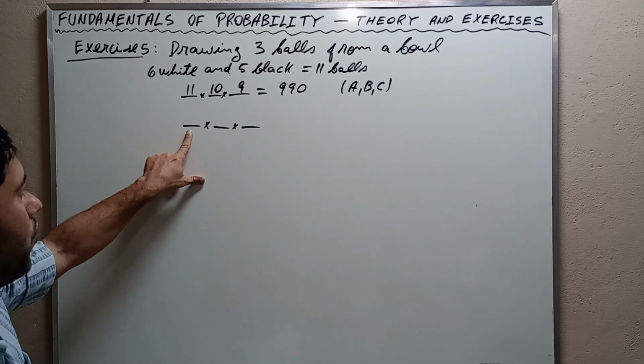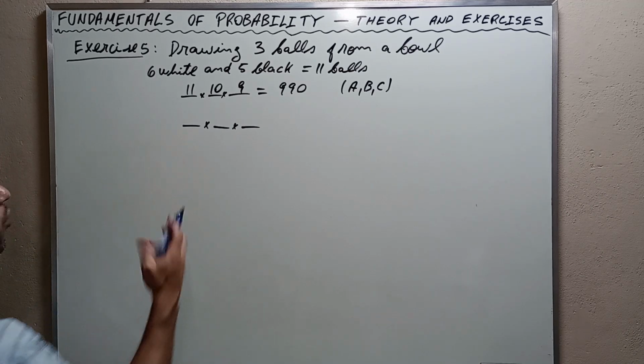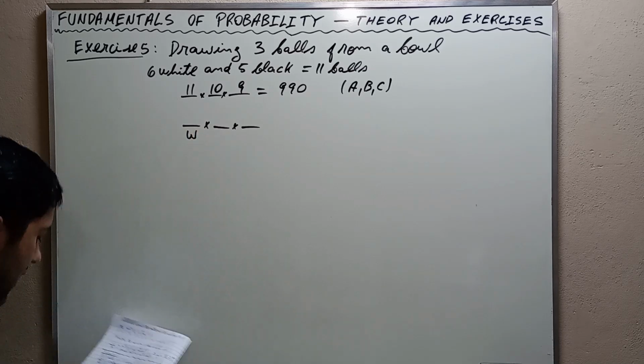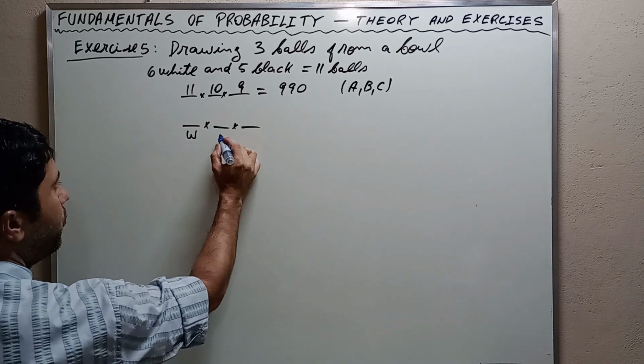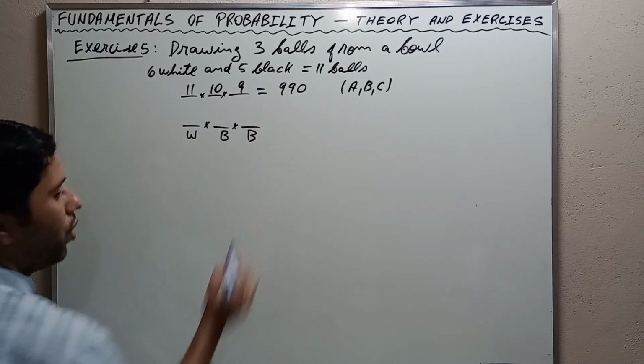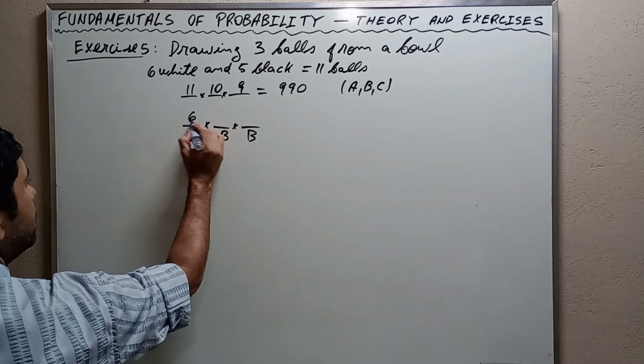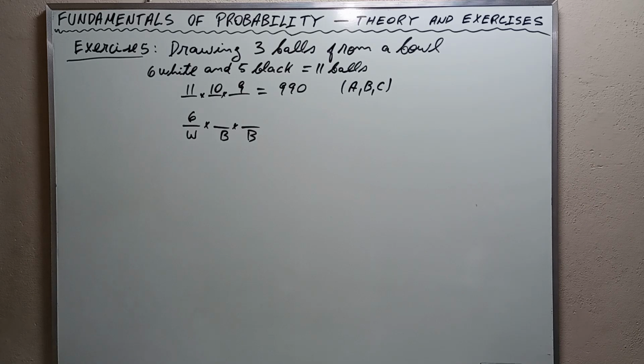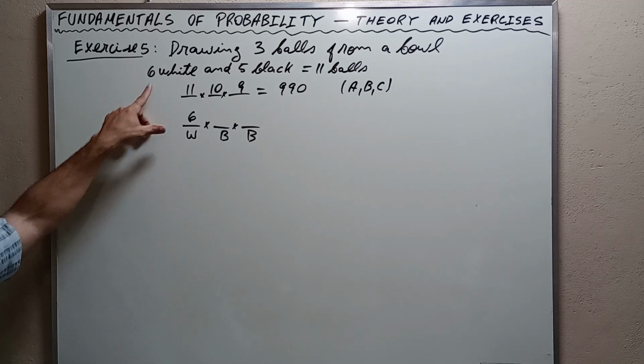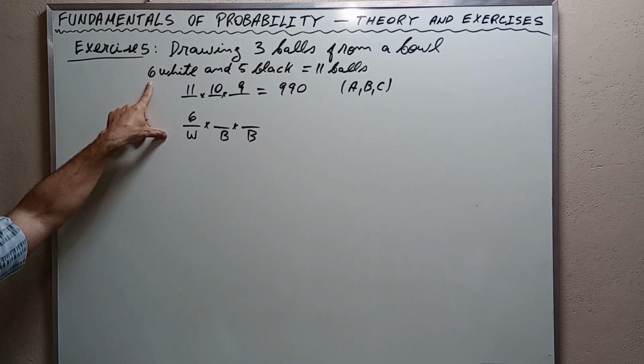Okay, let's separate this position here for the white ball, and these 2 positions here for the black balls. If we want to draw 1 white ball, then we have 6 possibilities for white balls, because we begin with 6 white balls.